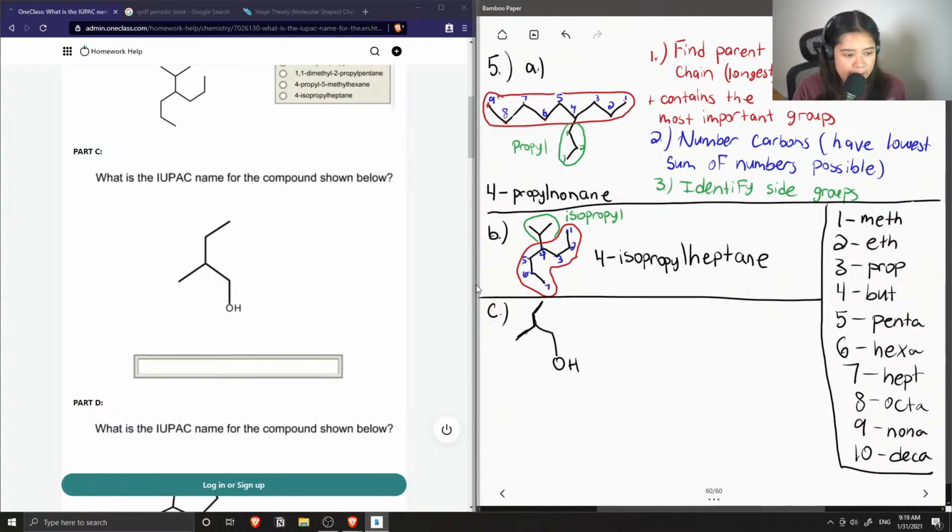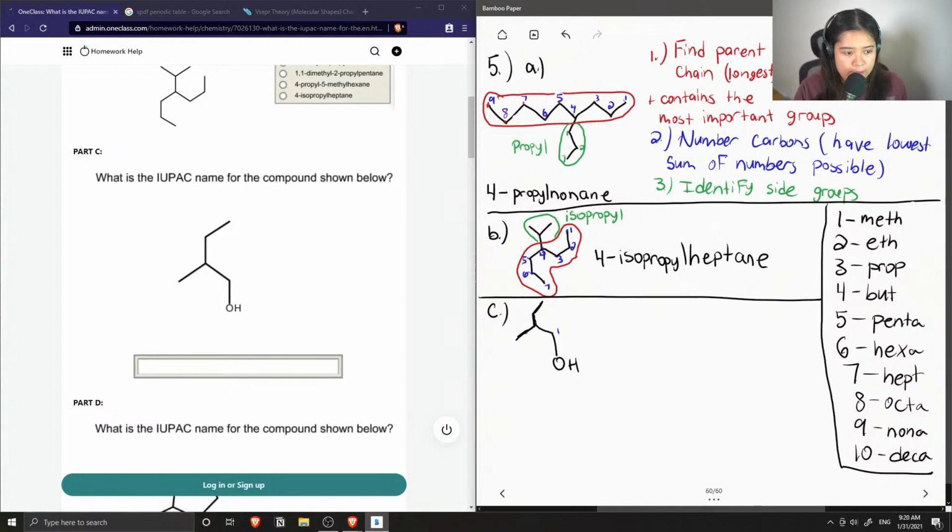So now let's try to count out the number of carbons that we could form and the longest chain. So if we started counting this as carbon 1, 2, 3, and if we started counting going up, 1, 2, 3. So we get the same number of carbons.